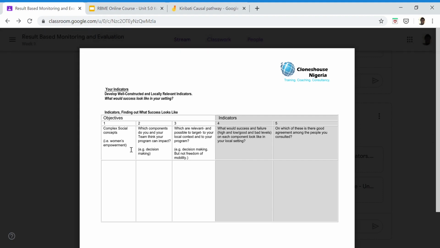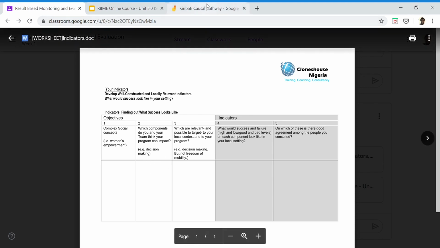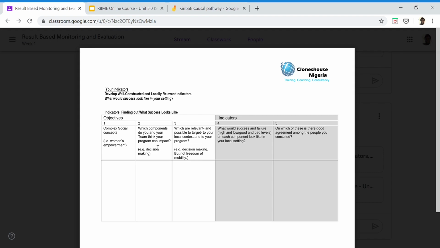What's your social concept? Which component do you and your team think your program can impact? So the component means, what effect will that have for you? So this is the objective.